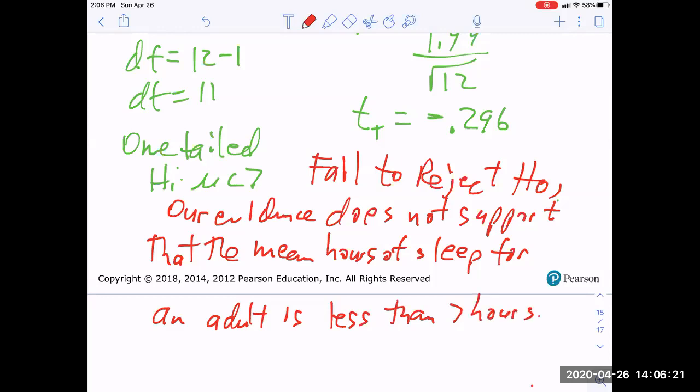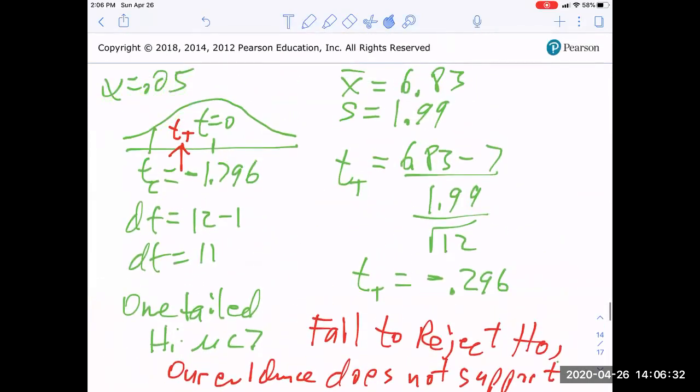Okay, so again, notice I went back. I put the context in here in my conclusion. So just to reiterate everything.